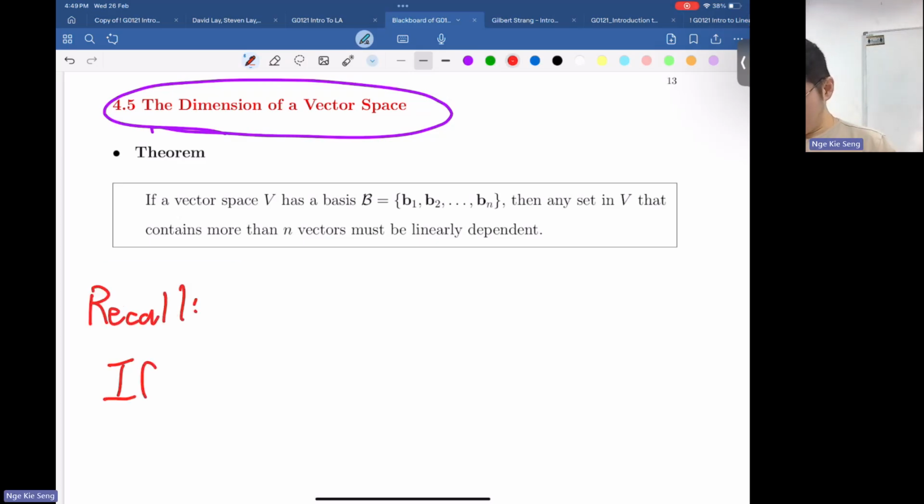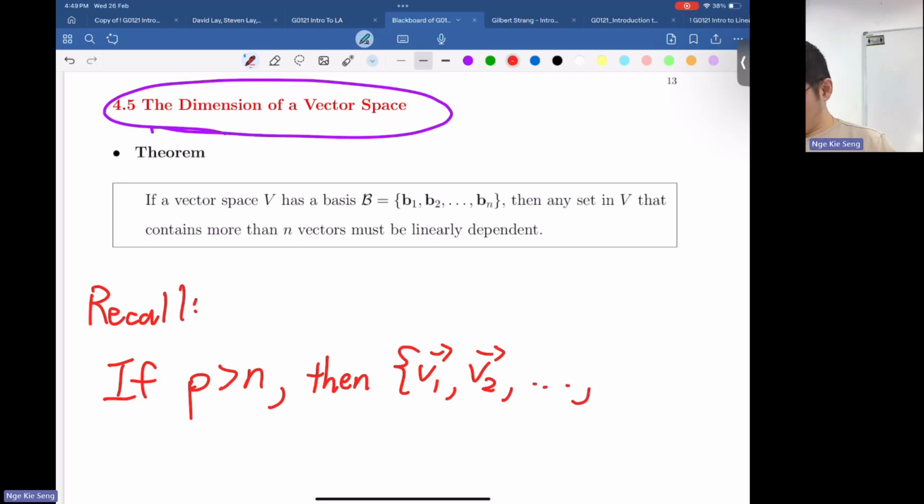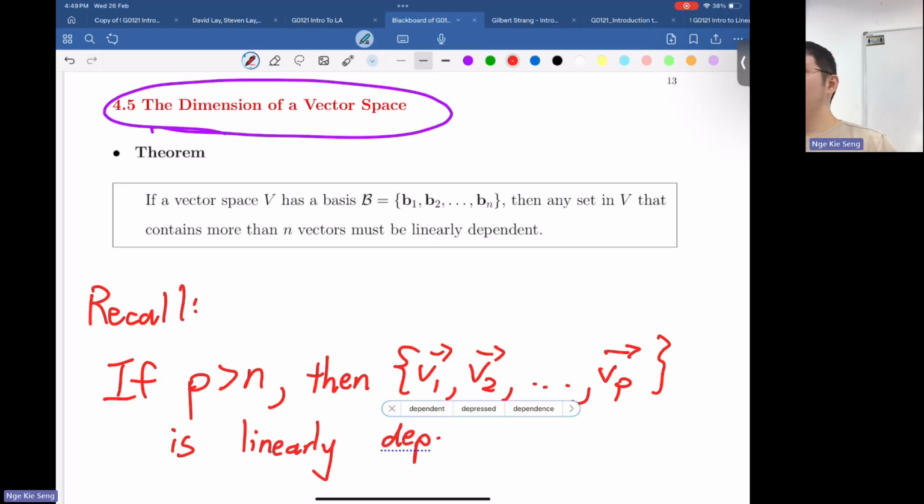We said that if p greater than n, then V1, V2 up to Vp is linearly dependent. Dependent, right?